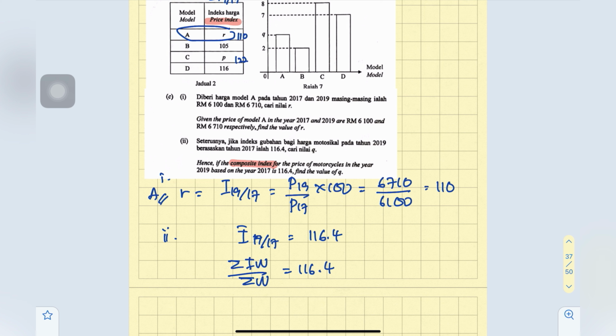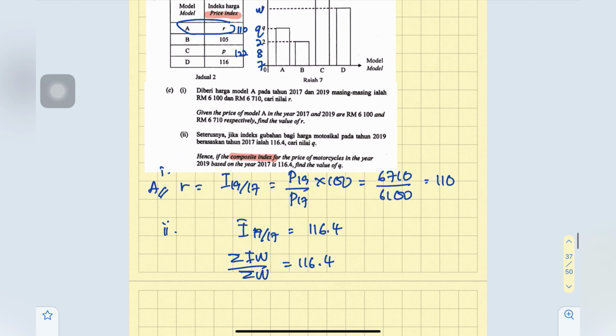Okay, weightage. Weightage kita kena baca daripada jadual ni. Okay, for motorcycle A is Q. Okay, B 2, C 8 and D 7. Okay, so kita masukkan lah, kita darab-darab je kan. Okay, so here we got 110 times Q plus 105 times 2 plus 122 times 8 plus 116 times 7.